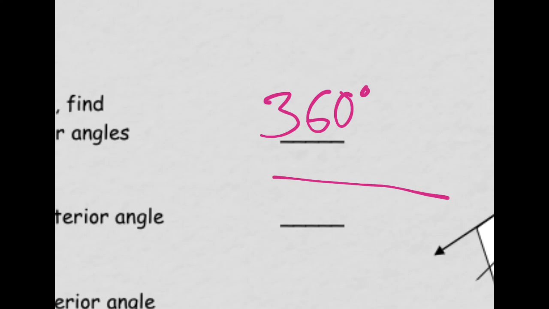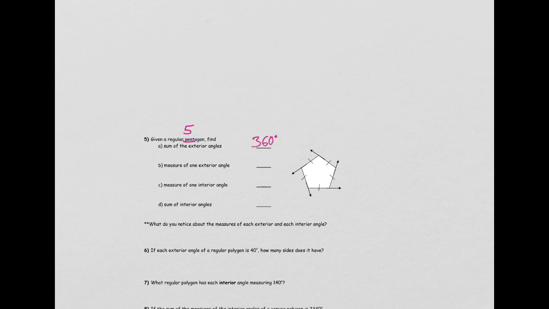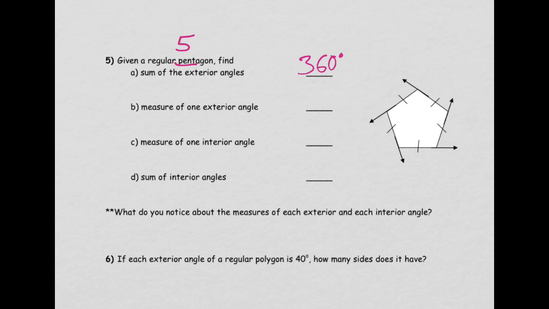Remember how when I shrank that polygon down, it formed just a little circle, and then all of those angles added up to a circle, 360. The measure of one exterior angle, well, that's just 360 divided by how many exterior angles you got. Remember, it's a pentagon, so it's got 1, 2, 3, 4, and 5. So 360 divided by 5, that is 72 degrees, so each of these little guys right there is 72 degrees.